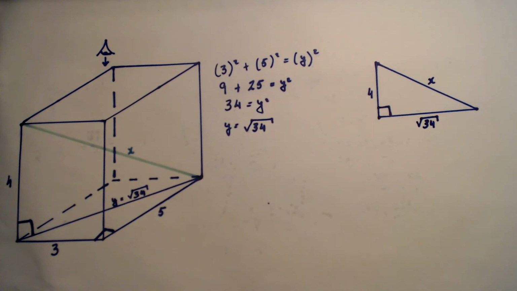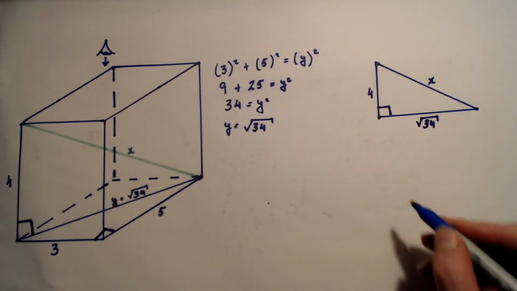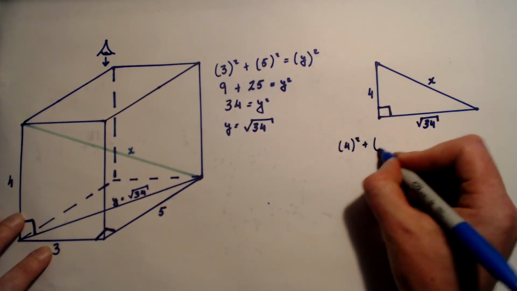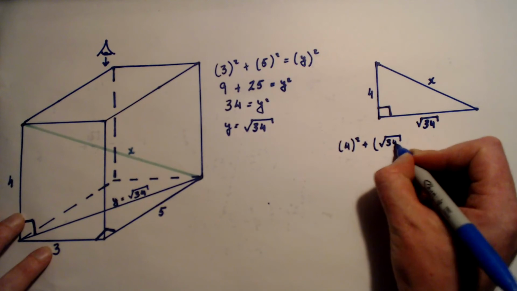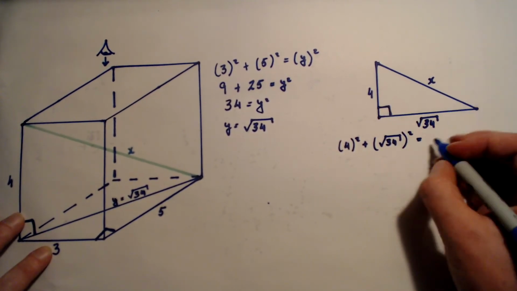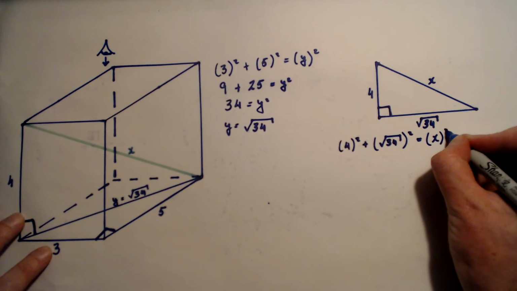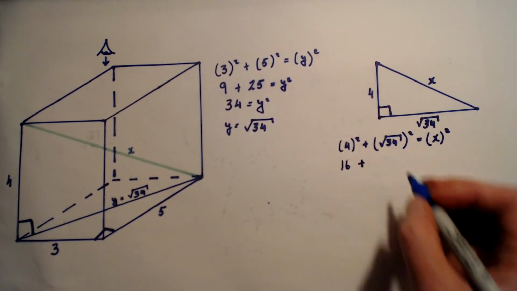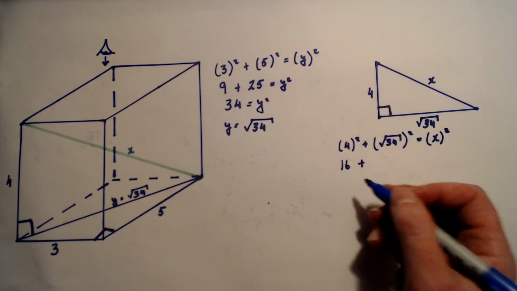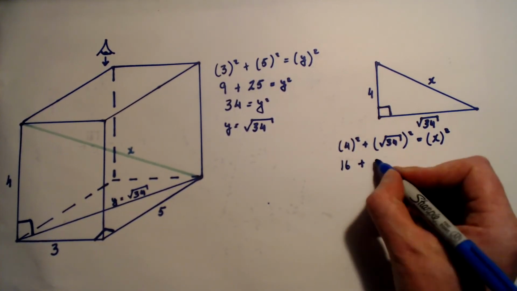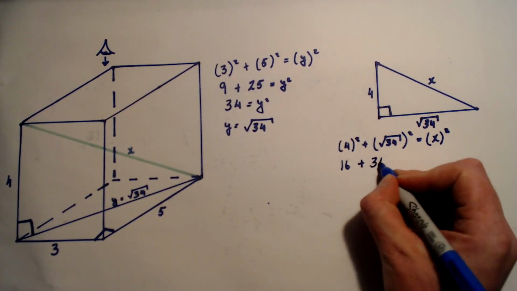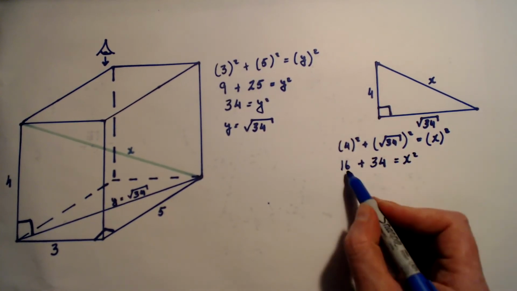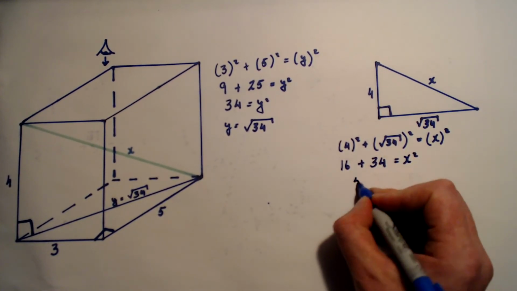So I can use the Pythagorean theorem one more time. It tells me that 4 squared plus the square root of 34 squared is equal to x squared. 4 squared is 16, plus the square root of 34 squared, which is obviously just going to be 34, and that's equal to x squared. 16 plus 34 is 50.